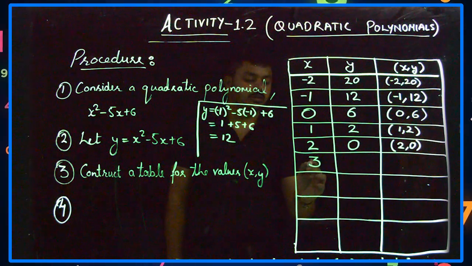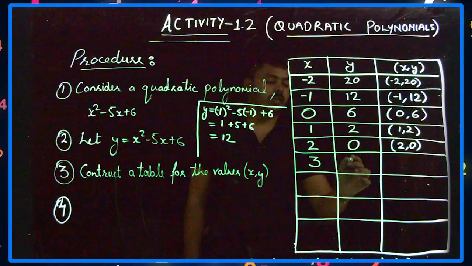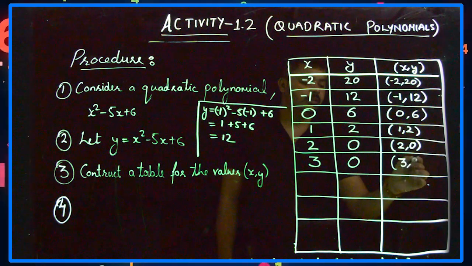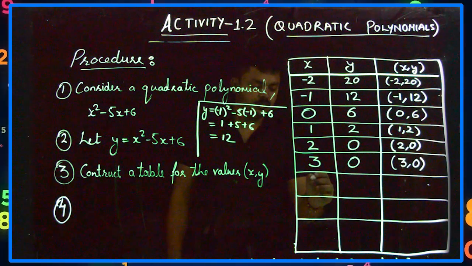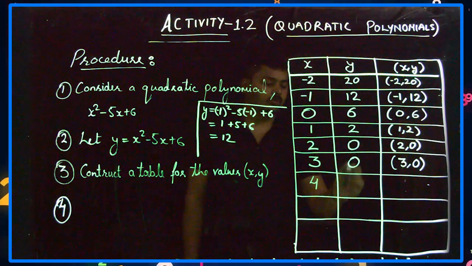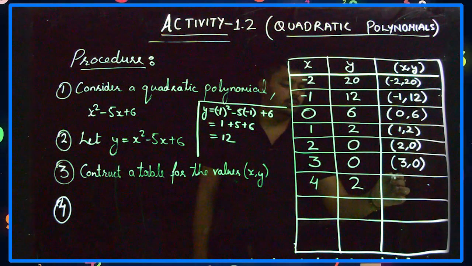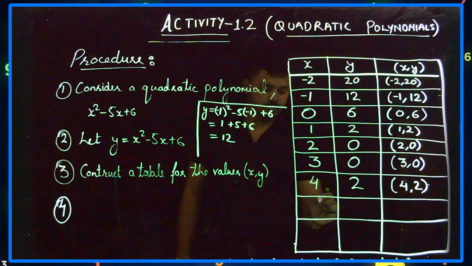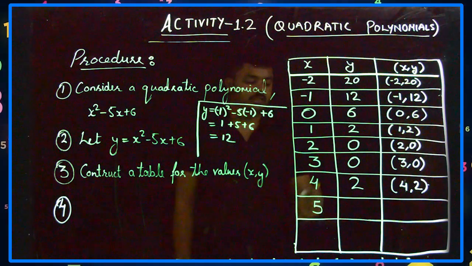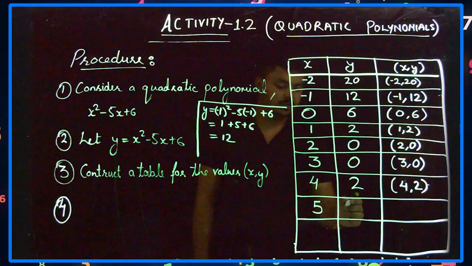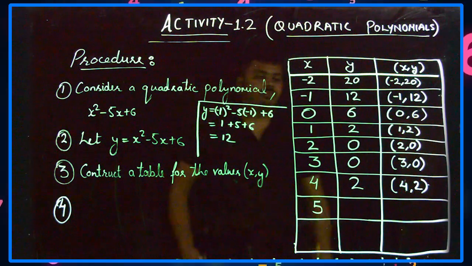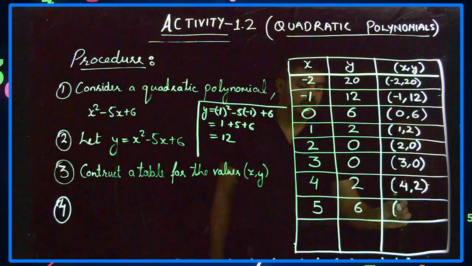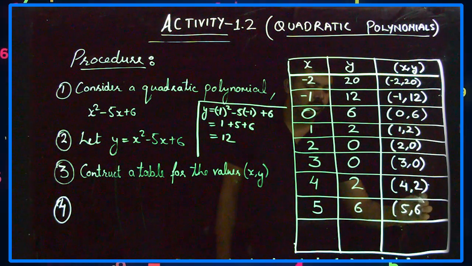For x equals 3, we get y equals 0, so the coordinate is 3, 0. Now when x equals 4, y is 2, so 4, 2. When x equals 5, y is 6. So our coordinate becomes 5, 6.